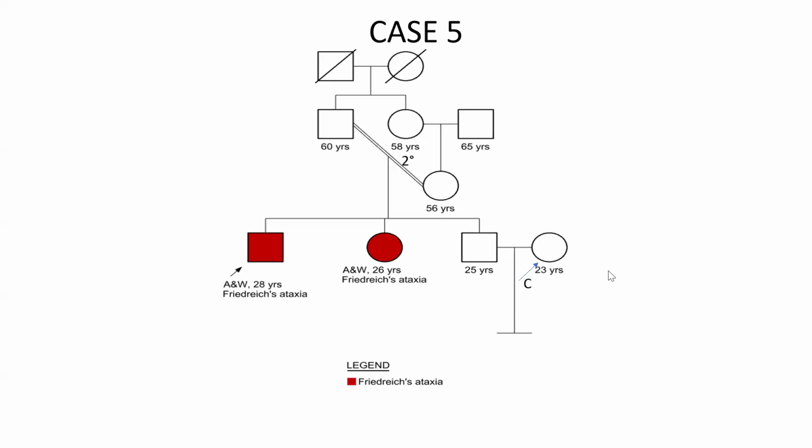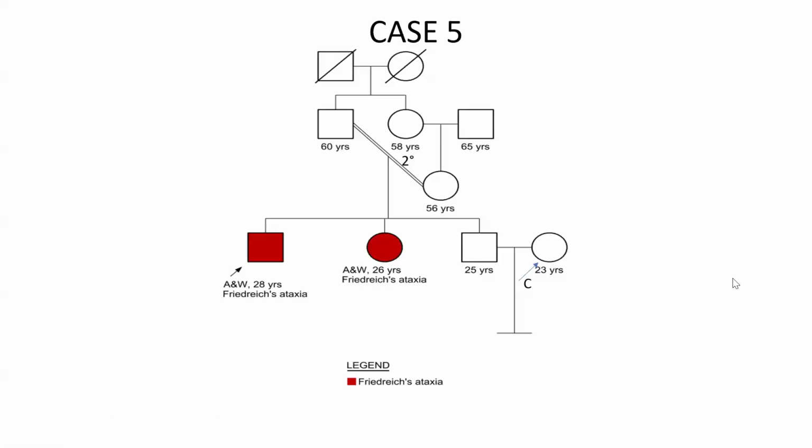They were having symptoms of imbalance and neuropathy. The husband's parents have been married second degree consanguineously, which means marrying the own maternal uncle. These two siblings were found to have been affected with Friedreich's ataxia.